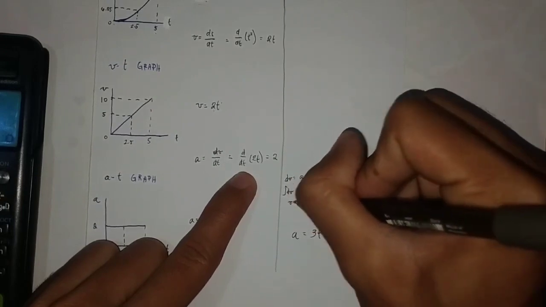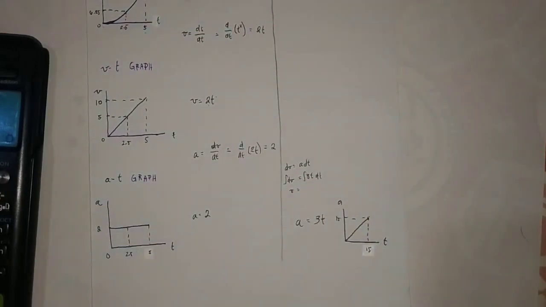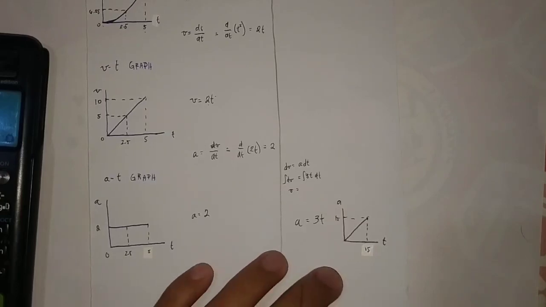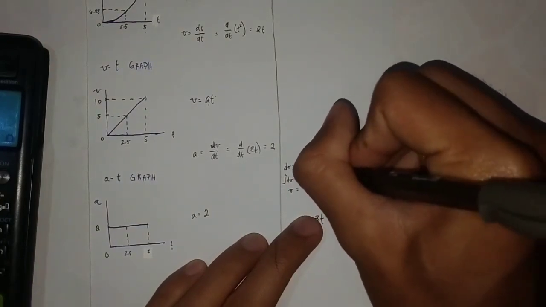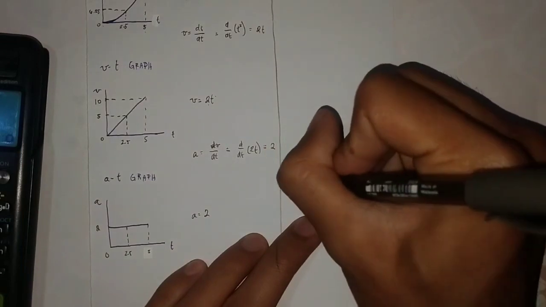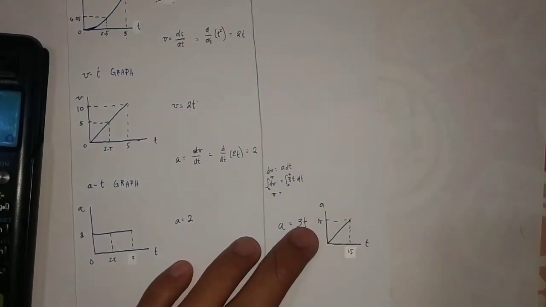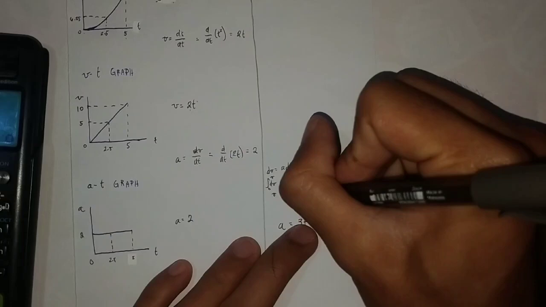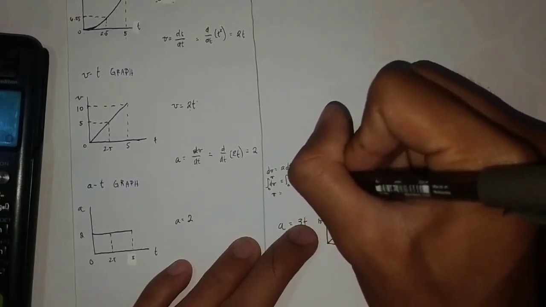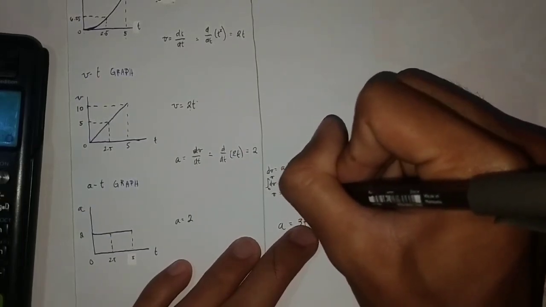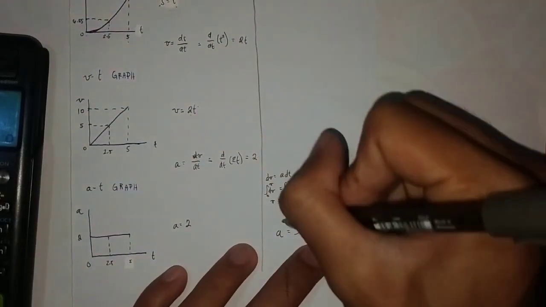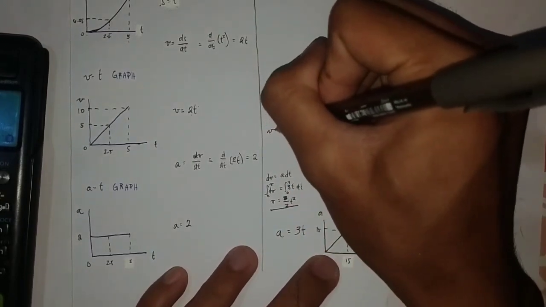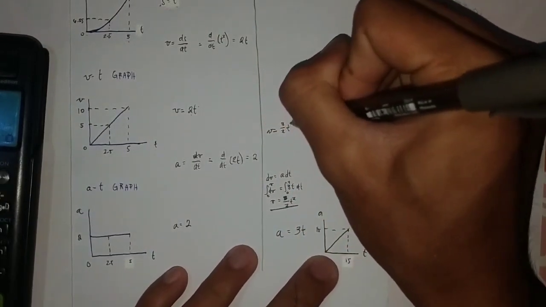So in here we have our limits. Let's say our particle starts from rest at the origin, so at t equals 0, our velocity is also 0. The integration of 3t is equal to 3 halves t squared. So that is our velocity equation. V equals 3 halves t squared.